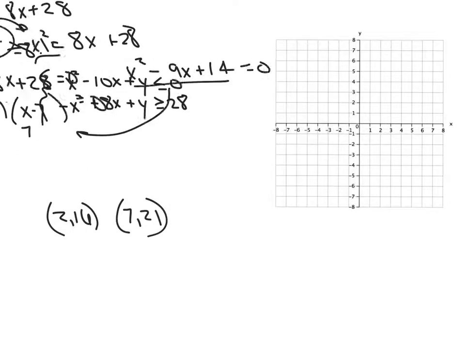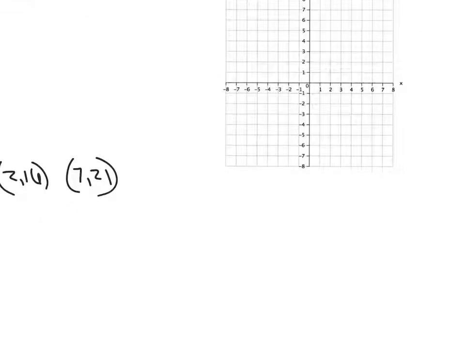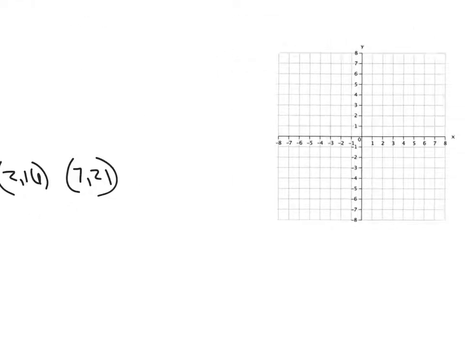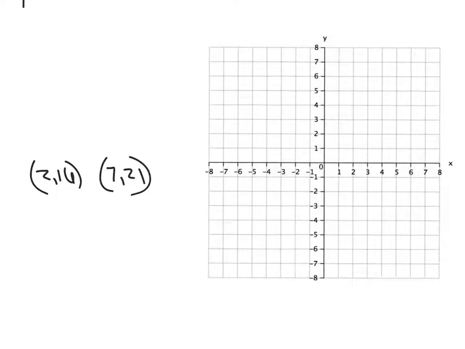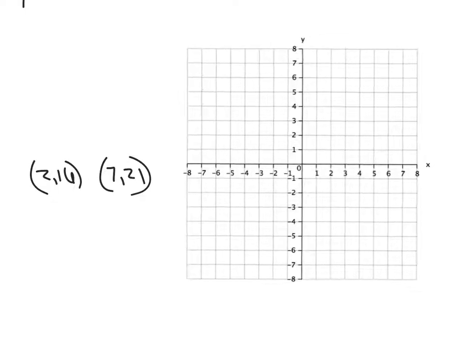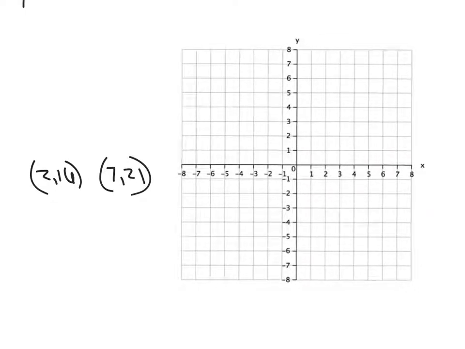So I'm going to get rid of all this junk and bring my graph over here. And I'm going to put down 2, 16. So let's say that each of these numbers here represent 2, 4, 6, 8, 10, 12, 14, 16.